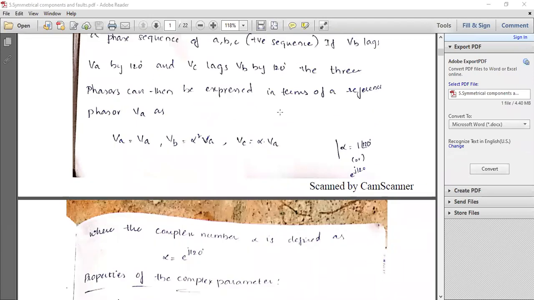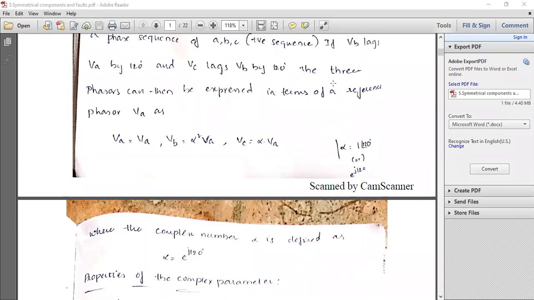Now you see here. As we already know, we are going to express the unbalanced phasors as balanced phasors using symmetrical components. In that aspect, we have already seen the phase sequence also. If you are considering ABC as the phase sequence, that is the positive phase sequence.